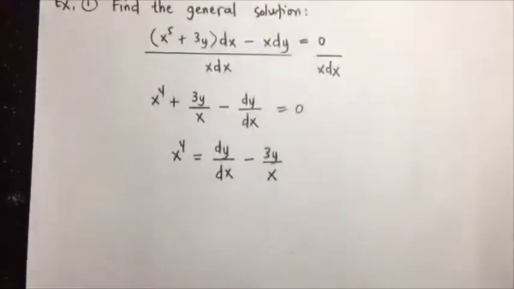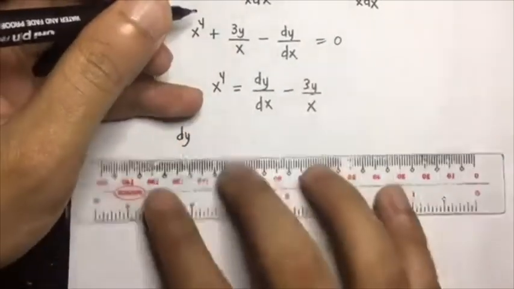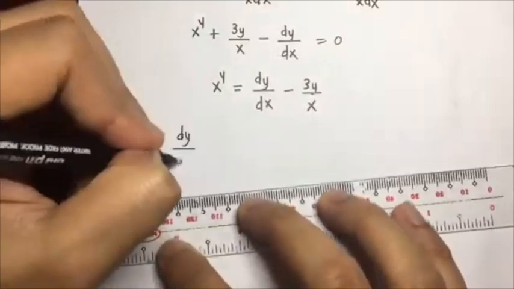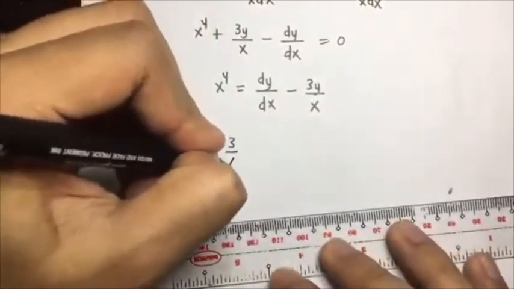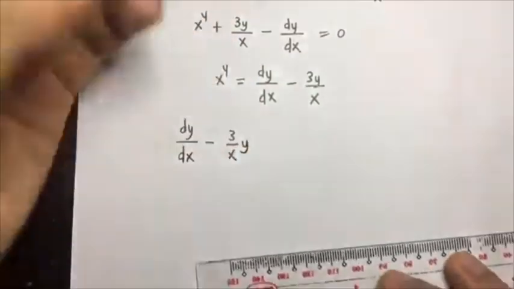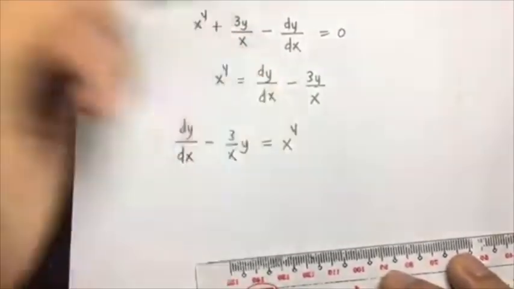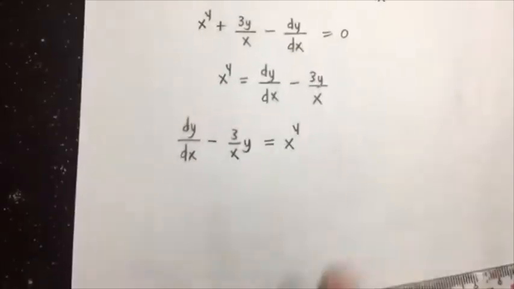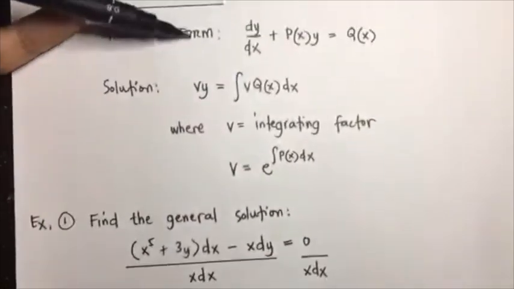Or if we switch them, we will have dy over dx minus 3 over x y is equal to x to the power of 4. So this is now in standard form.